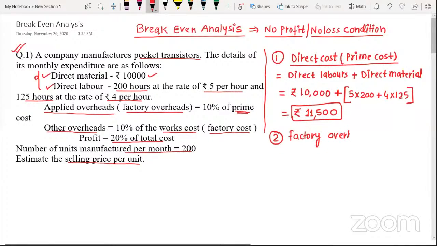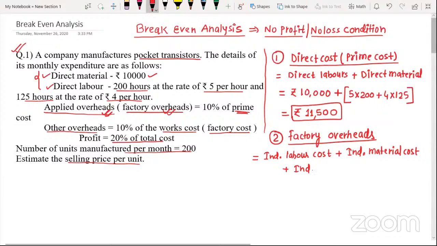The factory overheads, also known as applied overheads, will include the indirect labor cost, plus indirect material cost, plus indirect expenses. So the factory overheads can be these three types.